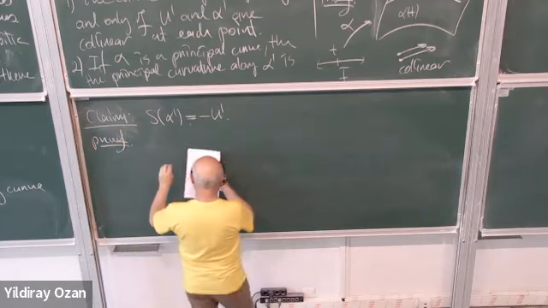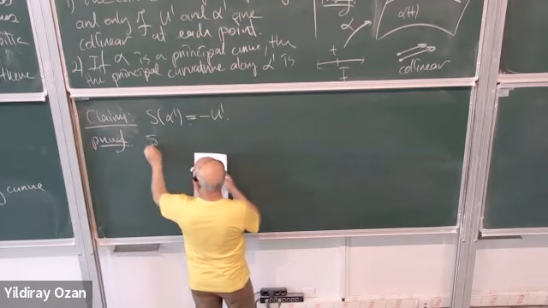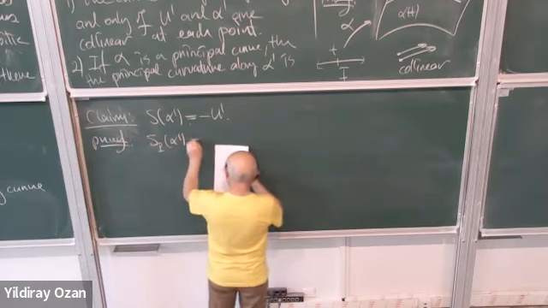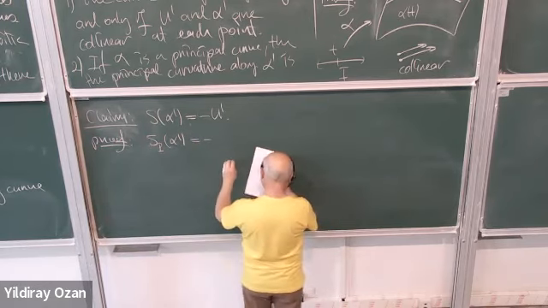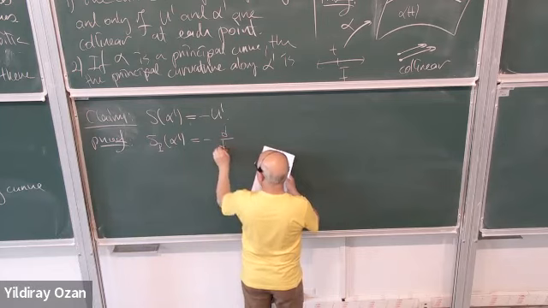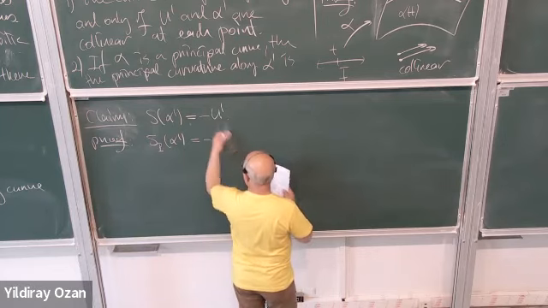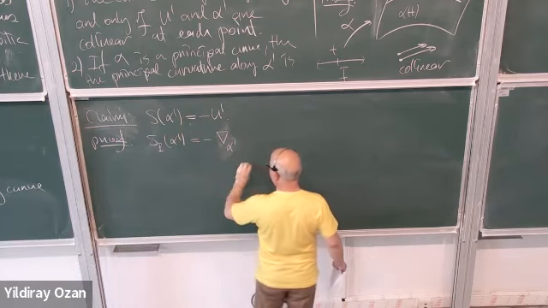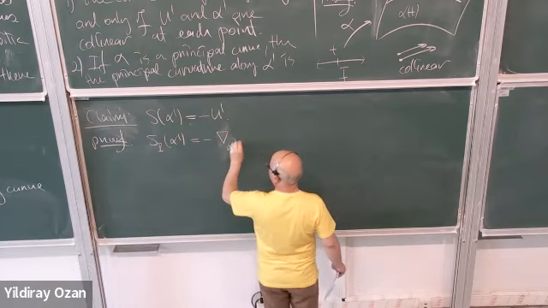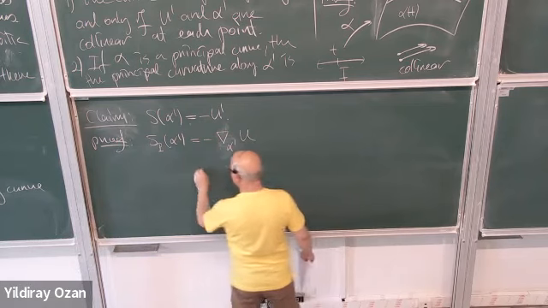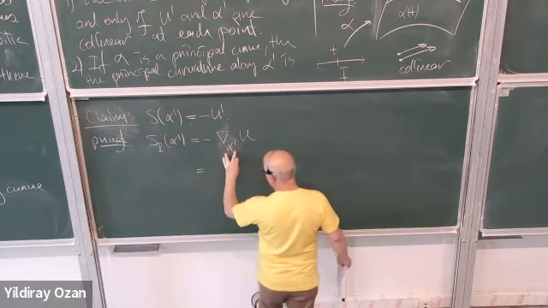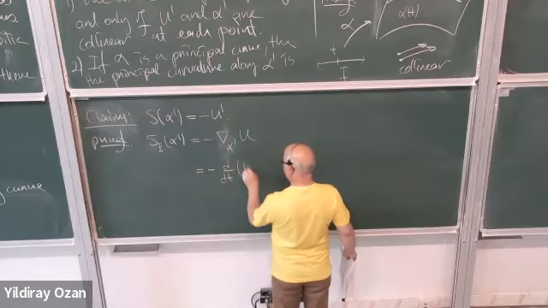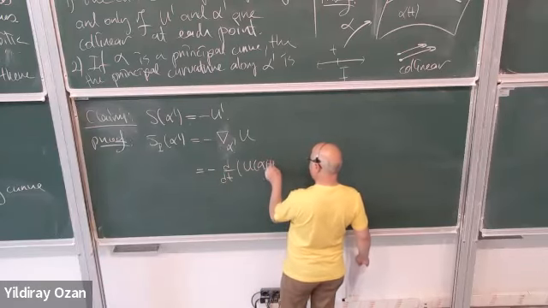So we know that S of alpha prime by definition is minus the covariant derivative along alpha prime of u, right? But this is just d dt of u of alpha t.